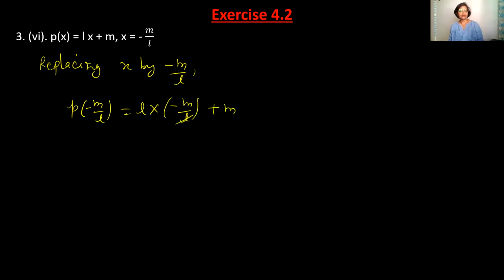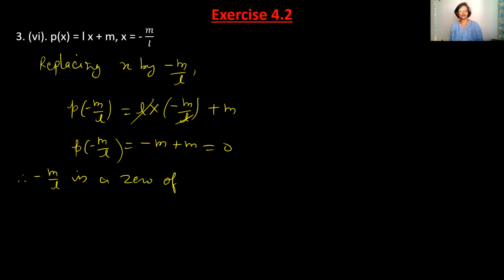So here l will be cancelled. So what will come here? Minus m plus m. So it will become 0. Therefore, minus m upon l is a zero of the polynomial P(x). You can write this.